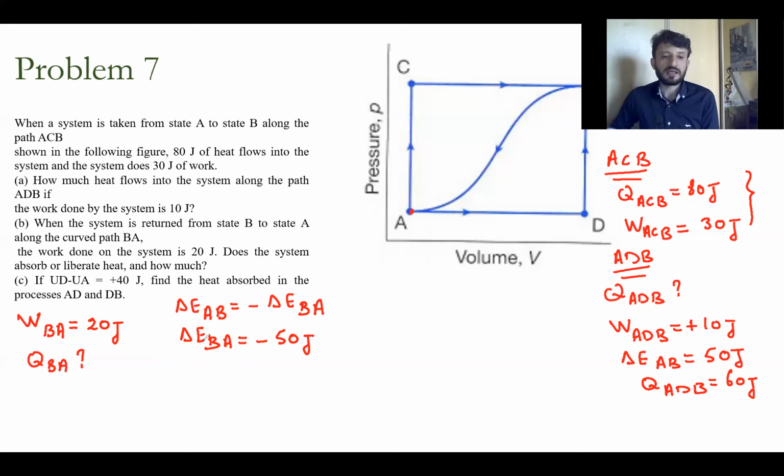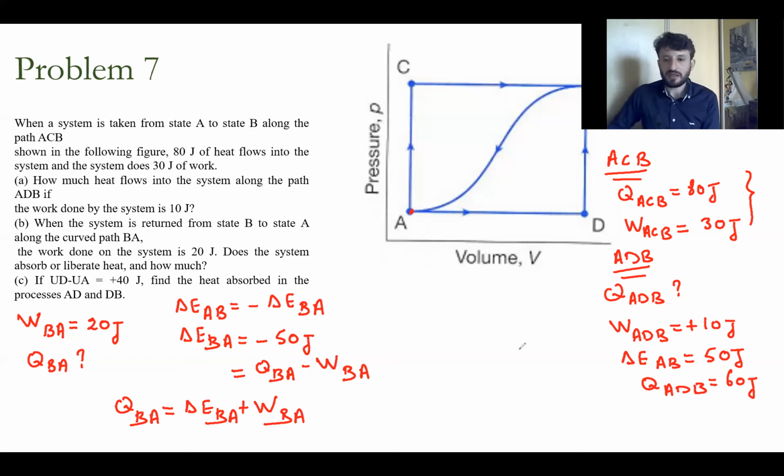You know, delta E BA equals Q BA minus W BA. So Q BA equals delta E BA plus W BA. Here I have delta E BA equal to minus 50 joule.